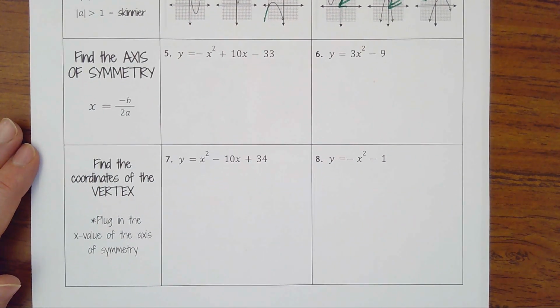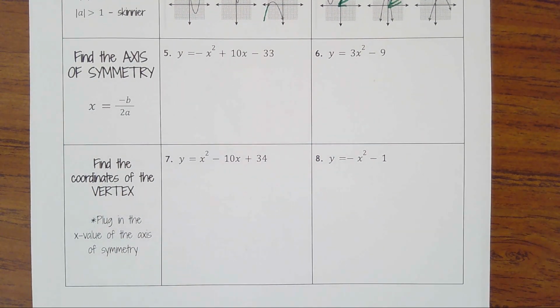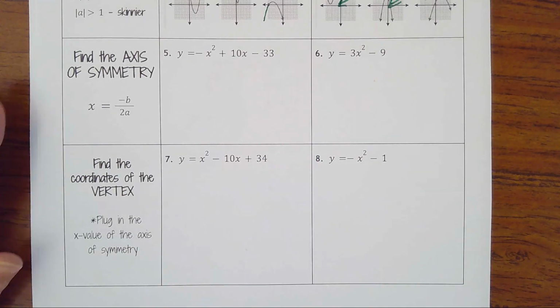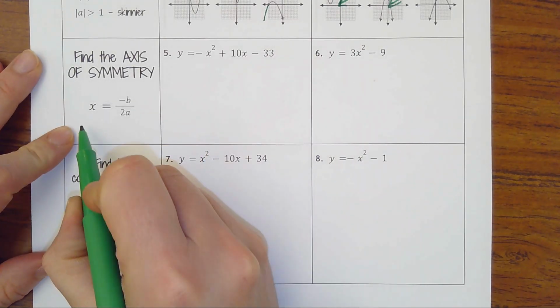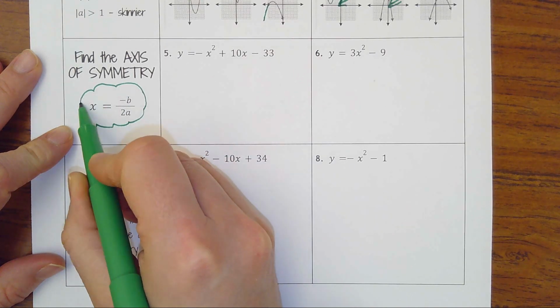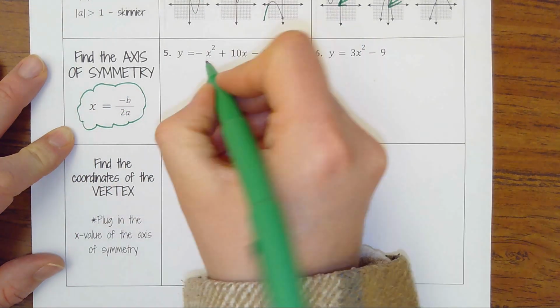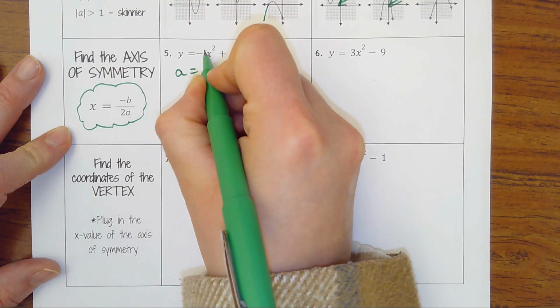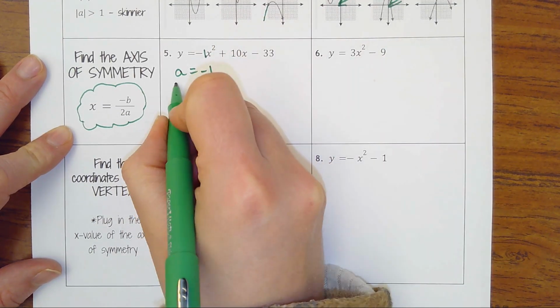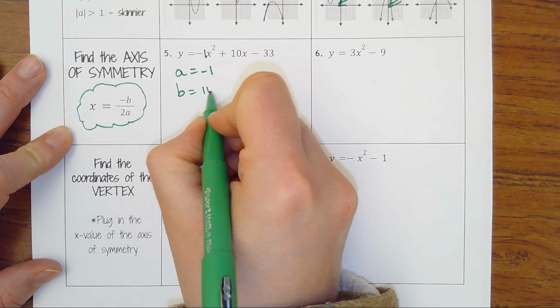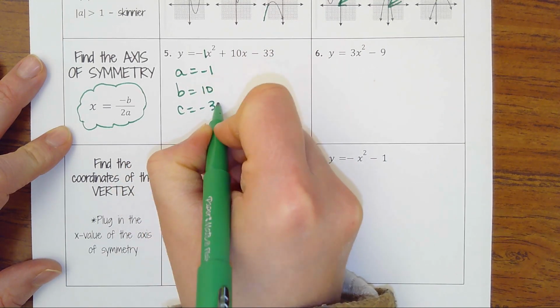All right, and the last thing we're going to do is find the axis of symmetry and the vertex by hand without having the graph. There's this formula you'd have to memorize: to find the axis of symmetry, it's x equals negative b divided by 2a. Our a value in this problem is the number in front of x squared, so that's negative 1. Our b value is the number in front of x, that's 10, and our c is negative 33.